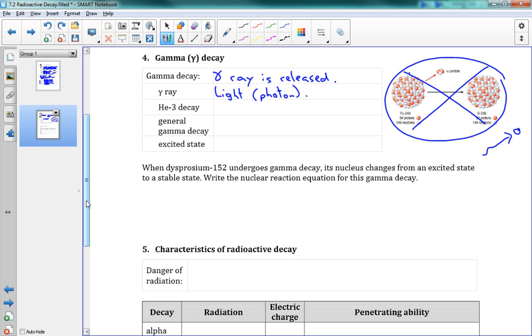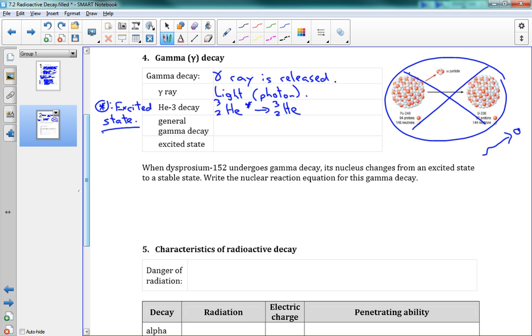We have an example here of helium-3. So when we have helium-3, I'm going to put a star here. The star means that it's in an excited state. Star is excited state. We'll explain what an excited state is in a second. So when you have helium in an excited state, it goes down to the same thing. It didn't change.